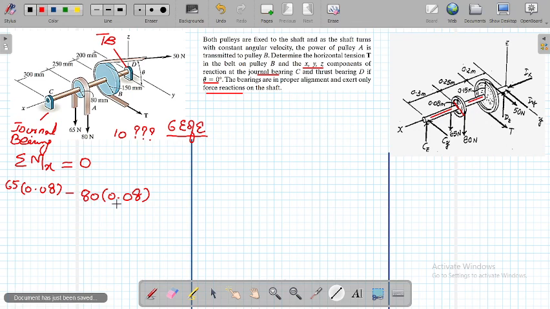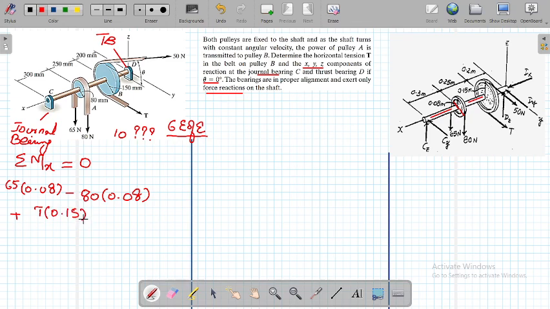So we can write plus T into 0.15. Now we go to the other force, which is the 50 Newton force.